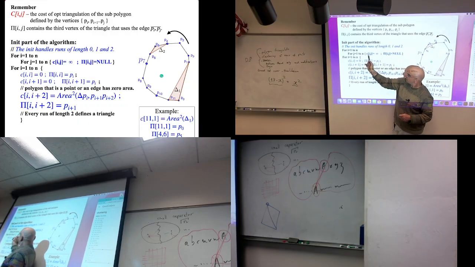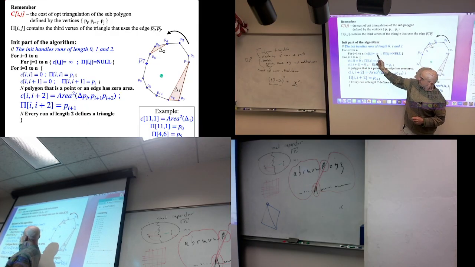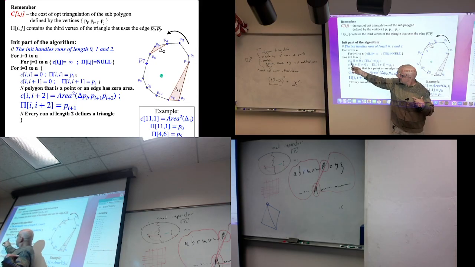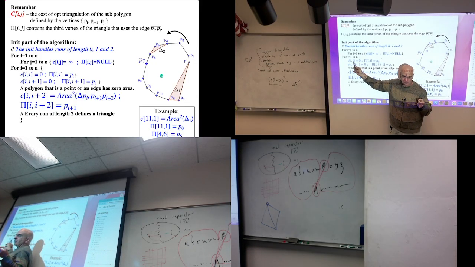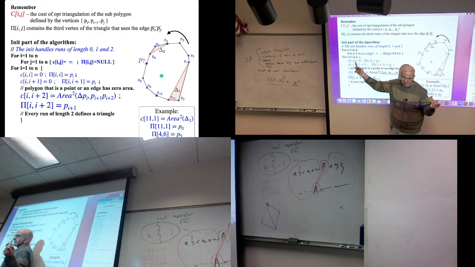For every i and j, unless I know everything else, the best triangulation that I know so far is infinity. As usual, when I look for the minimum, I'll initialize every value to be infinity. And what is C(i,i)? How do I triangulate a polygon that consists of a single vertex? It doesn't take much area. It takes 0 square feet.